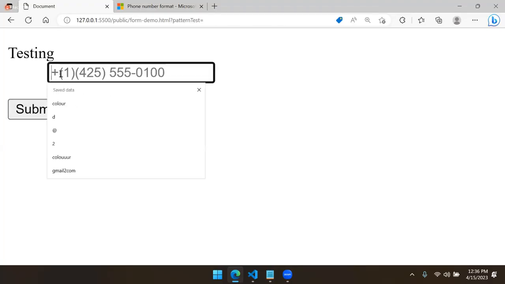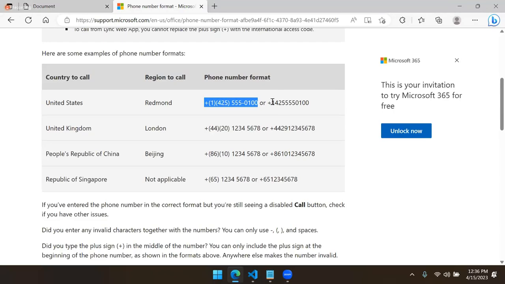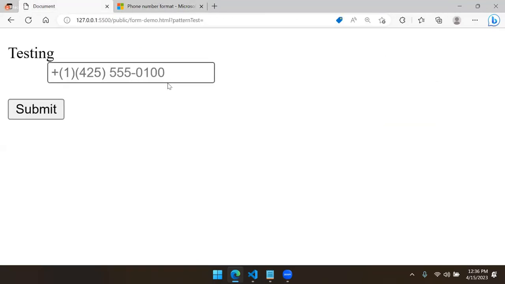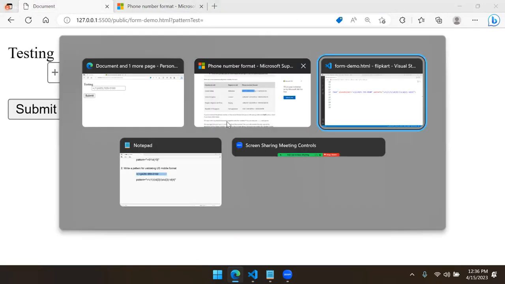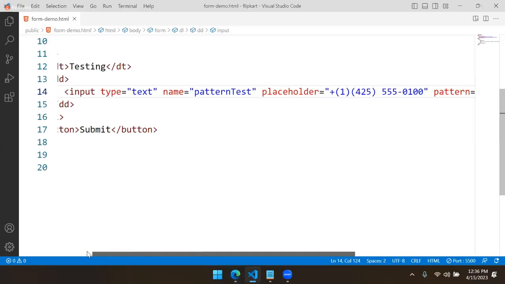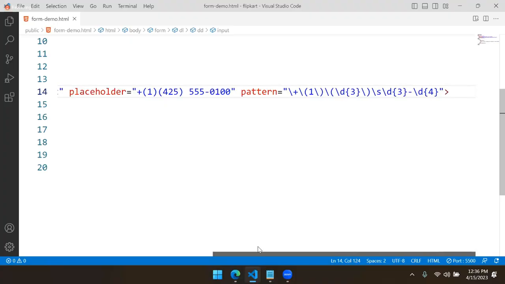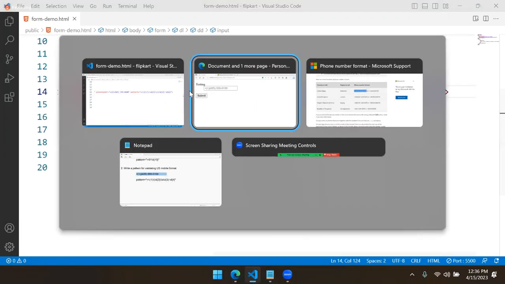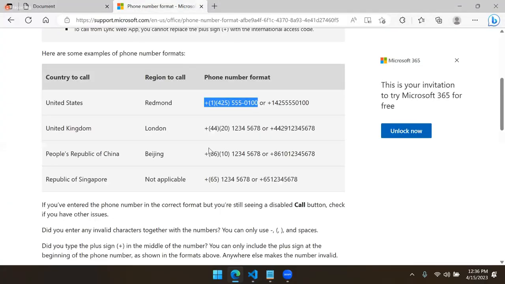It is just a placeholder. Whatever we did, we submitted that value. That is how we define it. So this is how you can add the pattern and configure it. Now I think you can write these types of things.